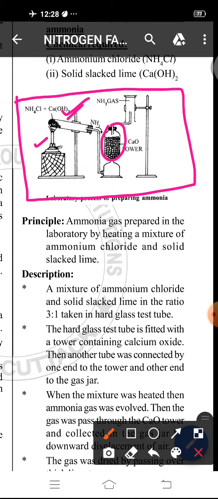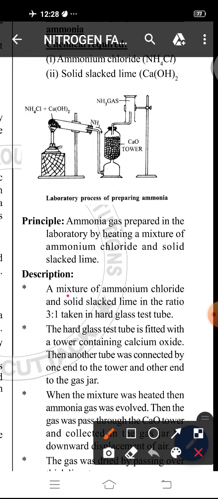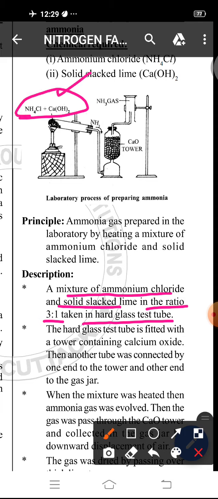See, a mixture of ammonium chloride and solid slaked lime in the ratio 3:1 is taken in a hard glass test tube. In the hard glass test tube, the mixture of ammonium chloride and calcium hydroxide is taken. Then the hard glass test tube is fitted with a tower containing calcium oxide by a delivery tube.